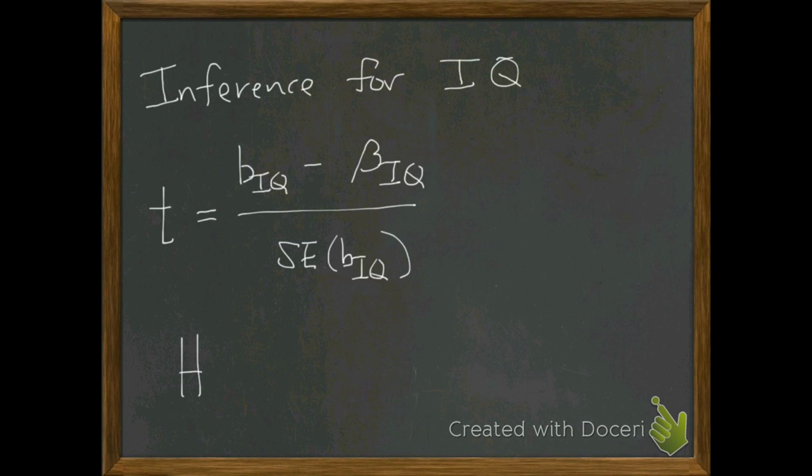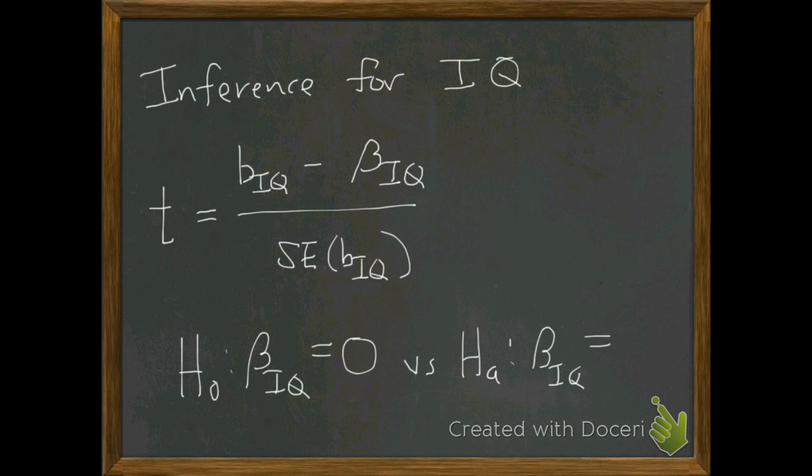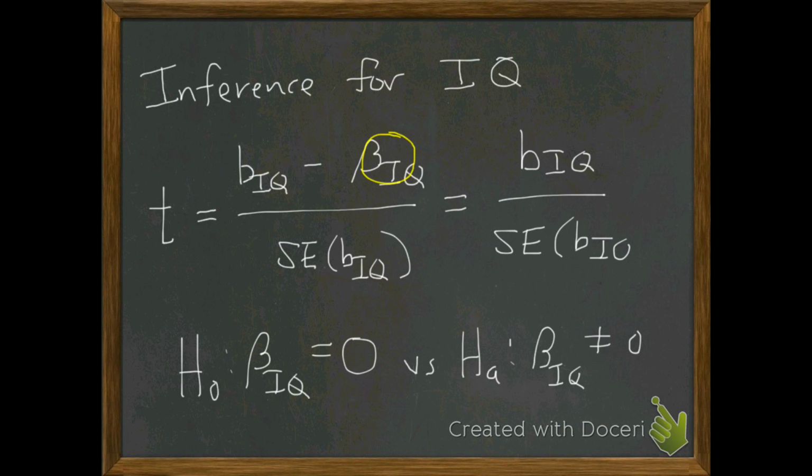And since we are testing H naught, that our beta IQ is equal to 0, versus H sub A, the beta IQ not equal to 0, then that beta IQ is equal to 0. So ultimately, guys, what we're going to have is our coefficient estimate, B for IQ, over the standard error for B IQ.